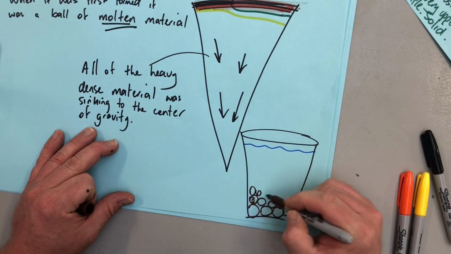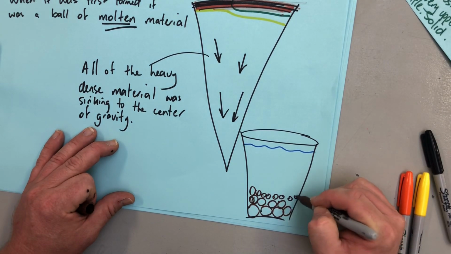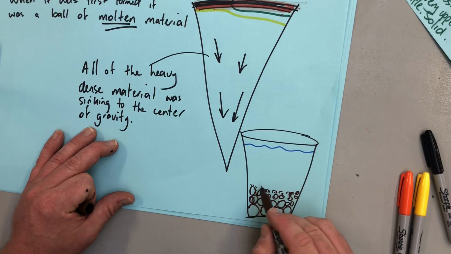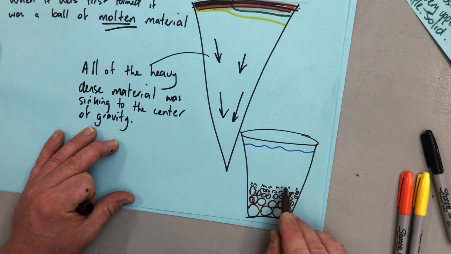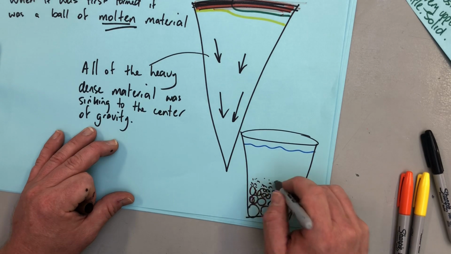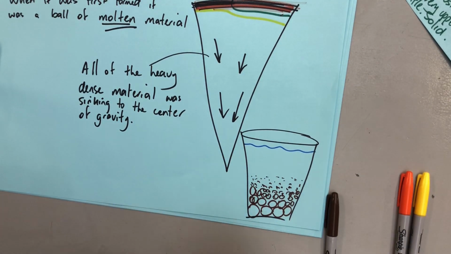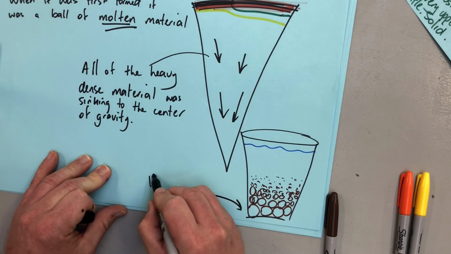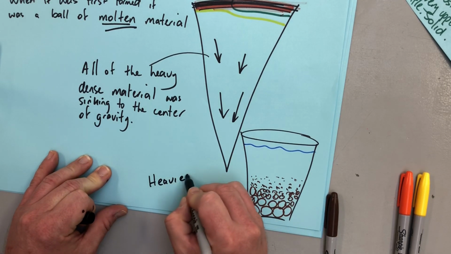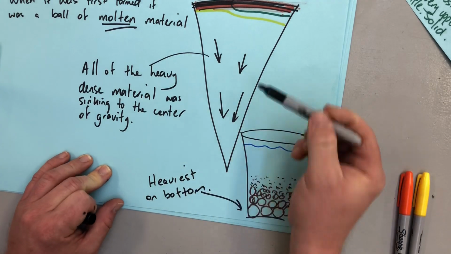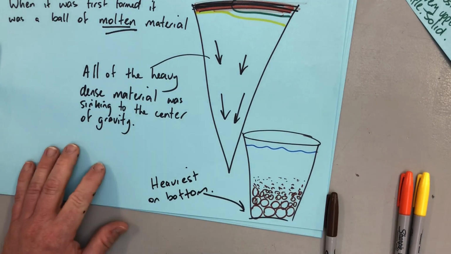And as it moves upwards, the material gets smaller and smaller and finer and finer. That's because the heaviest is on the bottom. And it's the same principle when the Earth was formed.